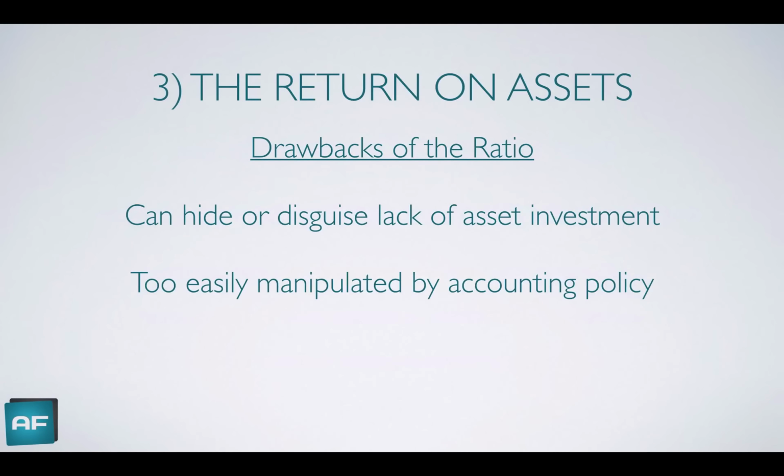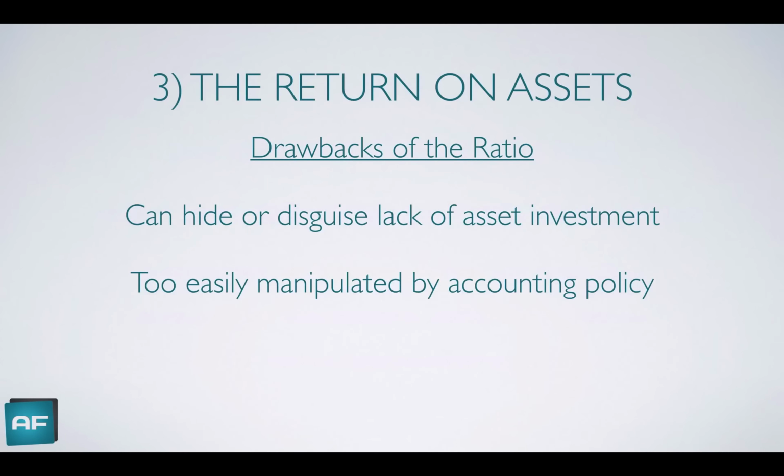For instance, you wouldn't want your assets to drop down to $10 or $1. In theory, $100 of profit on $1 of assets is a very high return on assets, but it's not necessarily a good idea to let your assets drop to zero and have no income generating capability anymore.